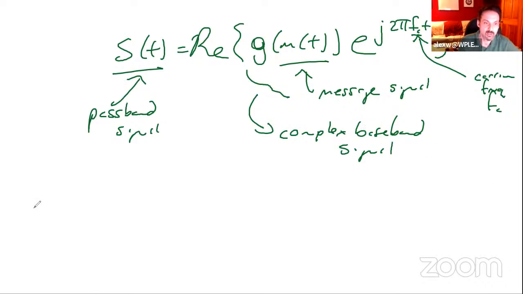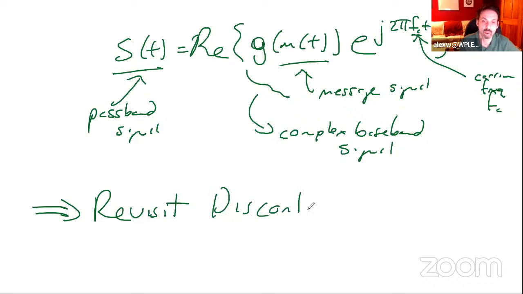So let's revisit discontinuous FSK, right? And discontinuous FSK had something along these lines. So if you had a binary 1, you had a passband signal. It's not an I, it's a 1.